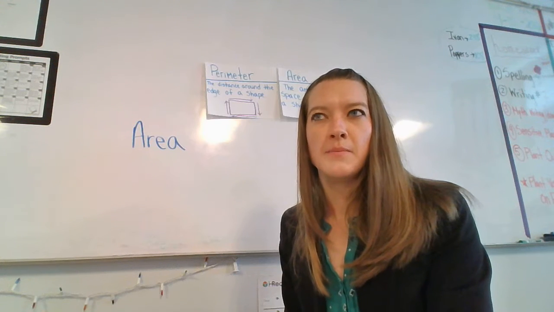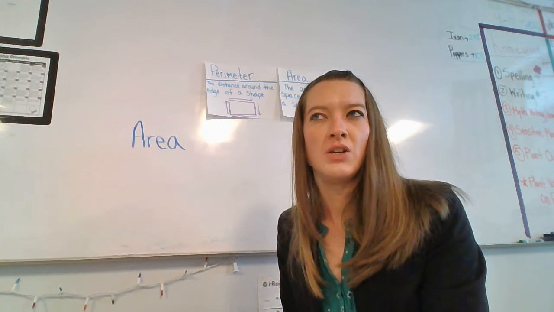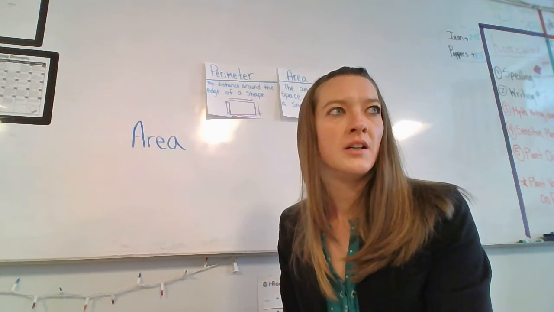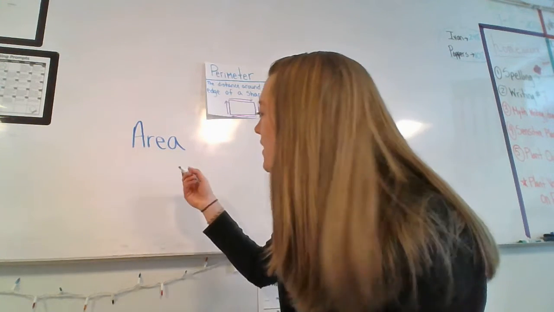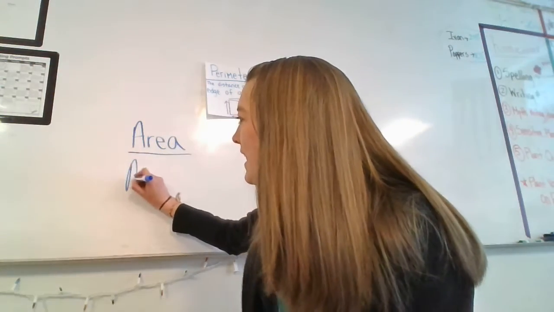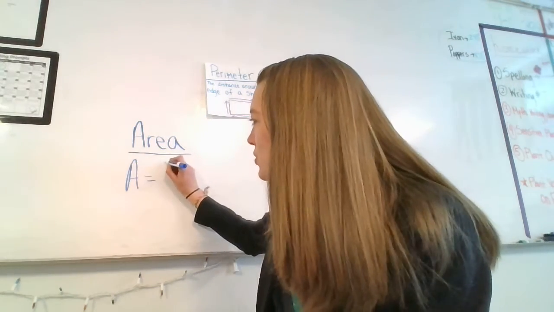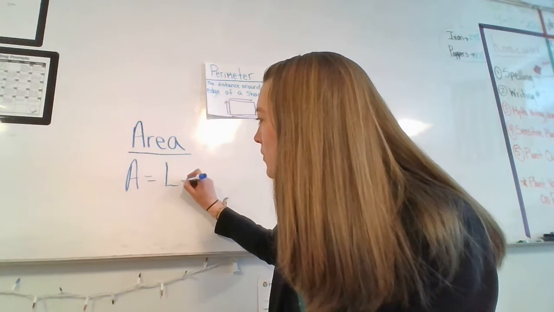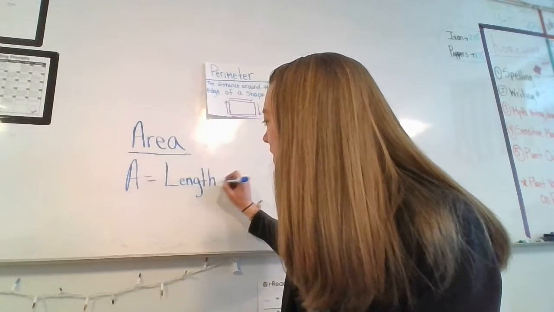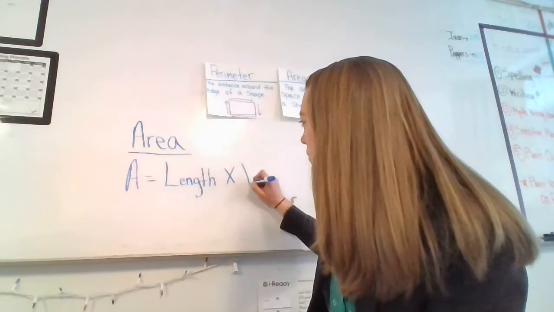What does product mean? Does anyone remember that word? What operation am I using if I'm finding a product? Yes, multiplication, very good. So if I'm looking for the area, I'm going to use an A for area, and then I'm going to multiply the sides. So I'm going to multiply length times, there's my multiplication symbol, width.